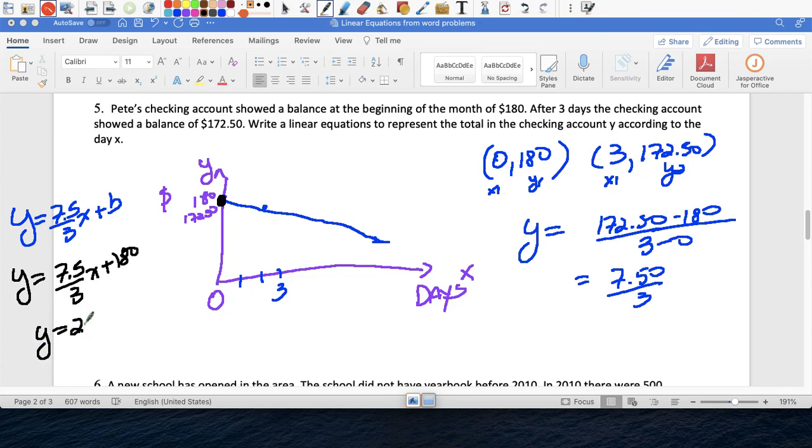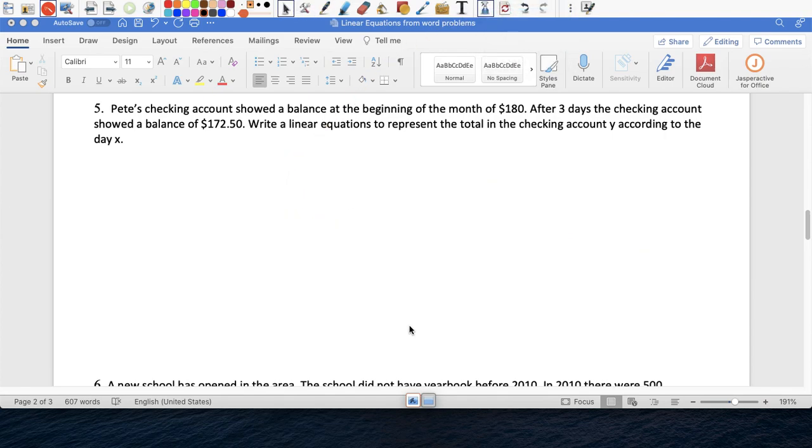Y equals negative 2.5x plus 180. Okay, so every day he's losing $2.50, $2.50, $2.50. That's the rate of change.